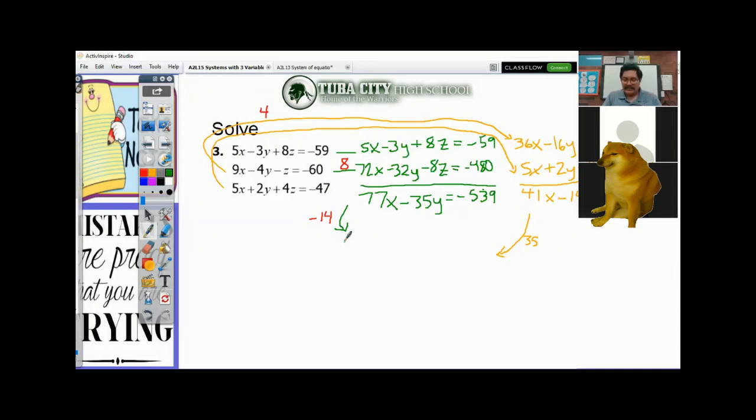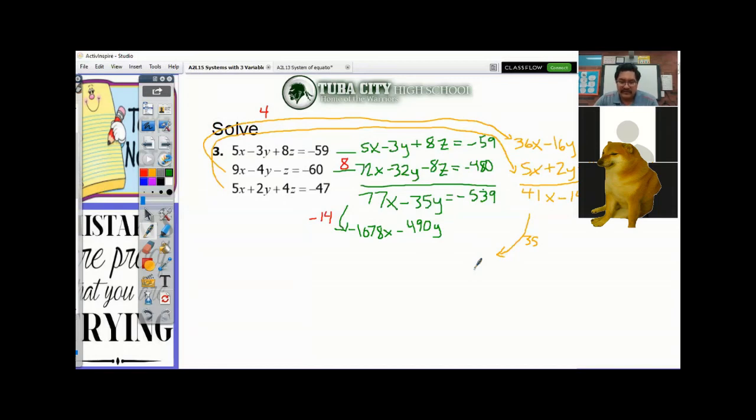Okay, so 77 times 14 is 1,078. Now it's going to be negative. And again, 35 times 14. And that looks like we get 490. Make that y a bit smaller because I'm going to have to put the other one under there.